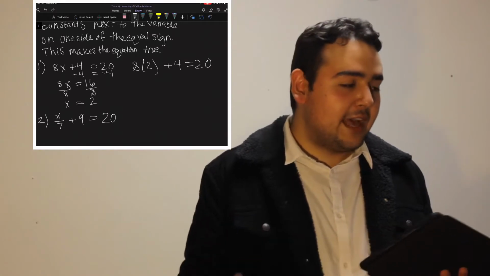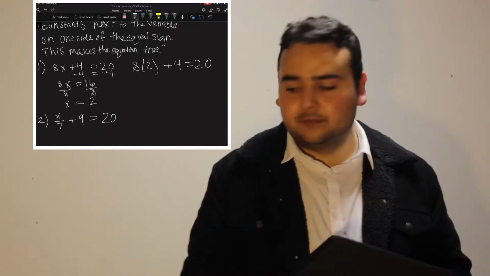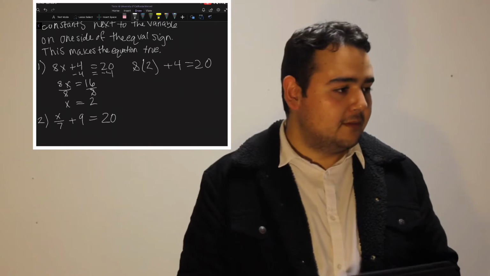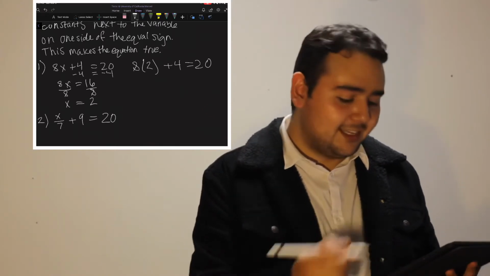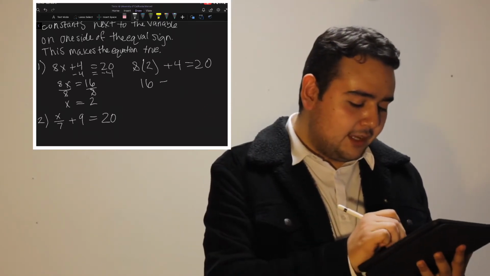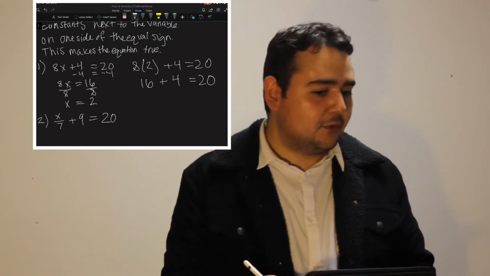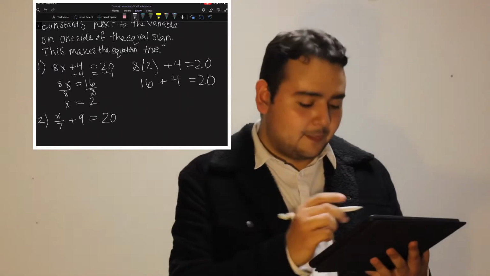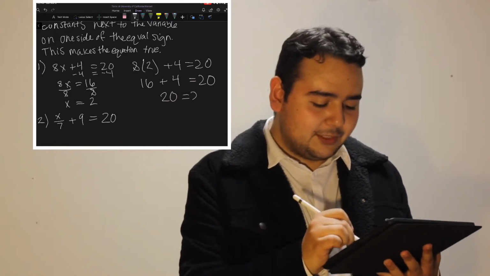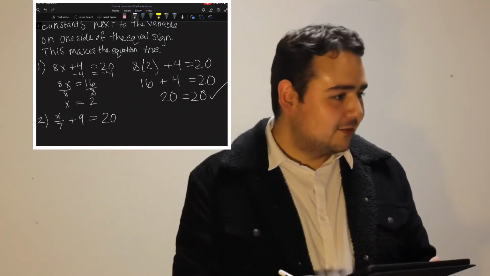So now that we have this, what's 8 times 2? 16. Right. 16 plus 4 equal to 20. Okay, 16 plus 4? 20. 20 equals 20. So that is right. Good job.